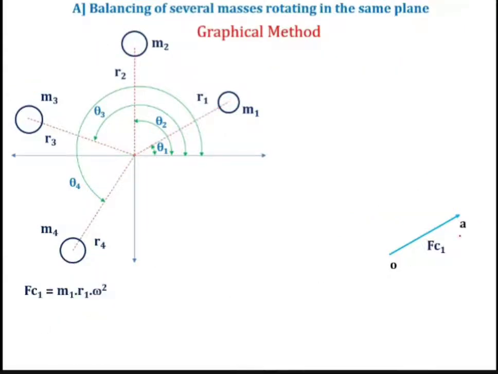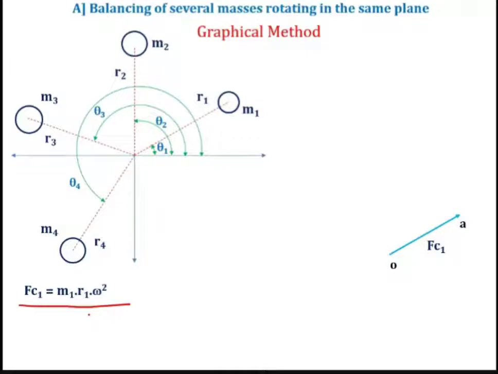So what does this vector OA represent? This vector OA represents the centrifugal force Fc1, and try to understand that this centrifugal force is nothing but the unbalanced force which is generated due to the unbalanced condition. What is the unbalanced condition? Whenever you mount a rotating mass on a shaft rotating at some angular speed, and there is an eccentricity between the center of gravity of the mass and the axis of rotation of the shaft, the unbalanced condition is created.